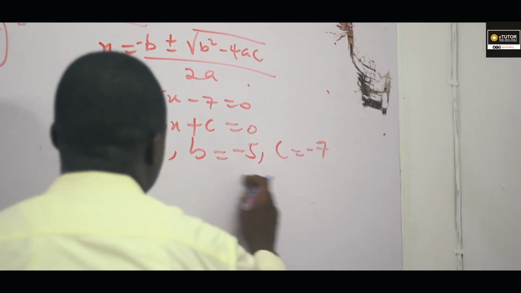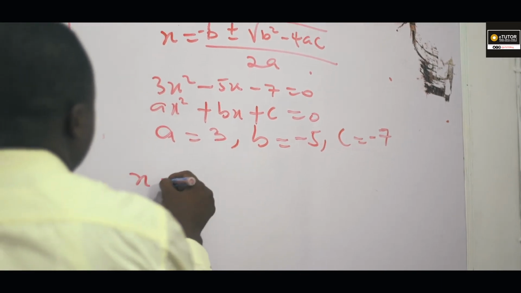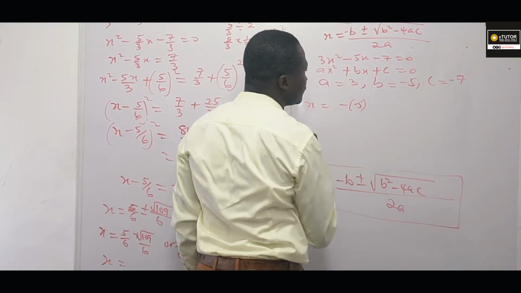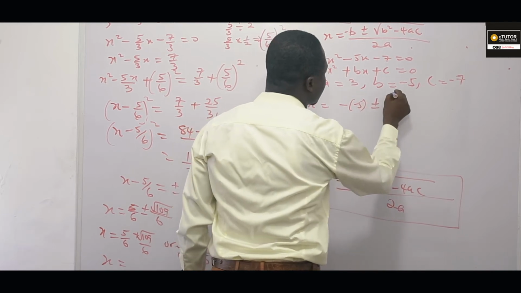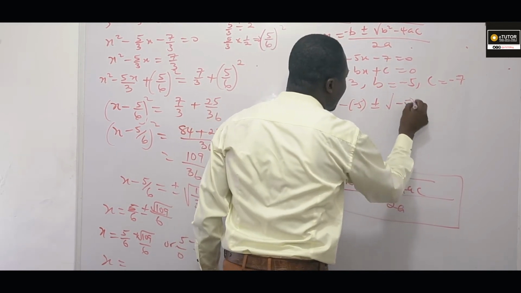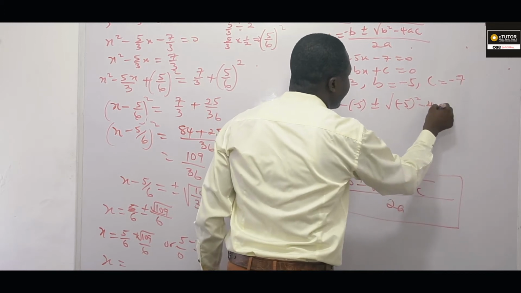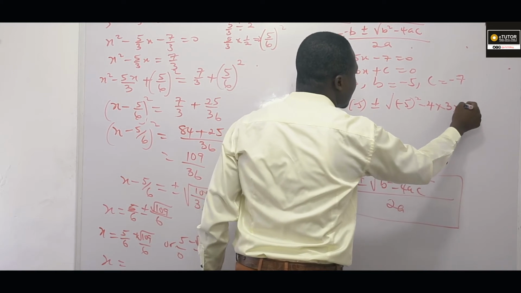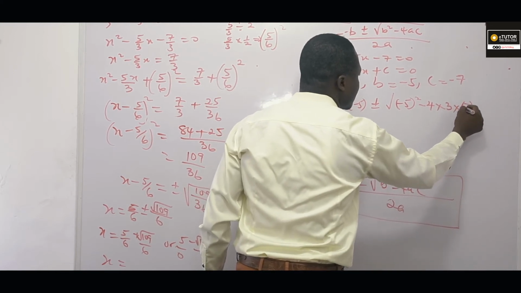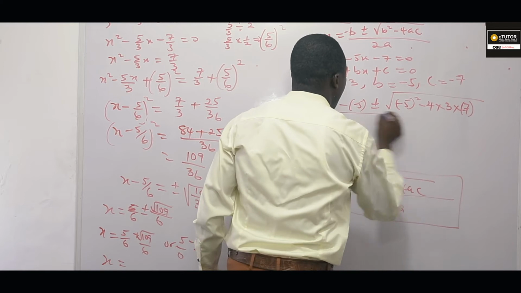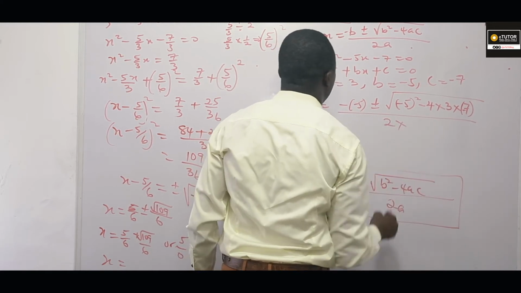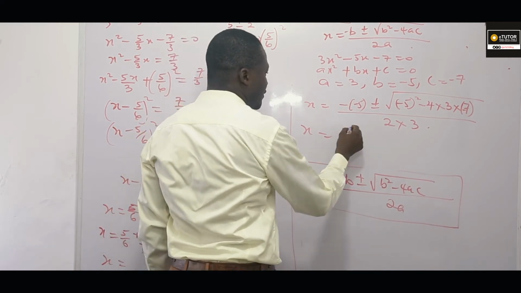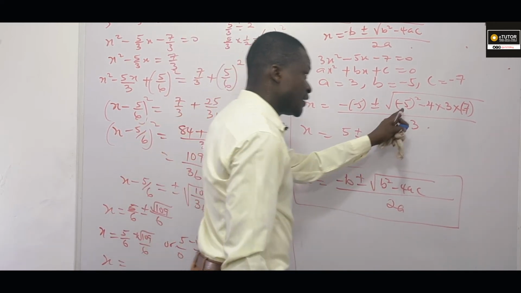So put these parameters into this formula. x equals minus, what is b? Minus 5. Plus or minus the square root of b squared, minus 5 squared, minus 4, what is a? 3. What is c? Minus 7. All over 2a. Our a is 3, so 6. Let's open the brackets. This is 25.